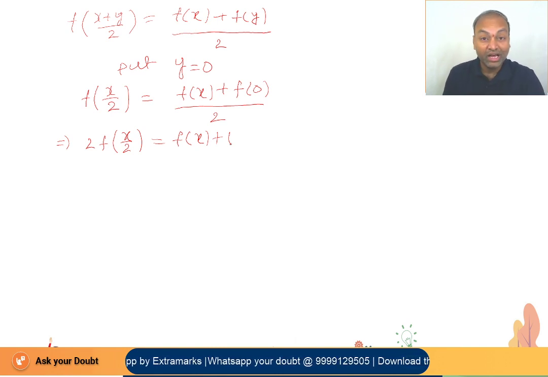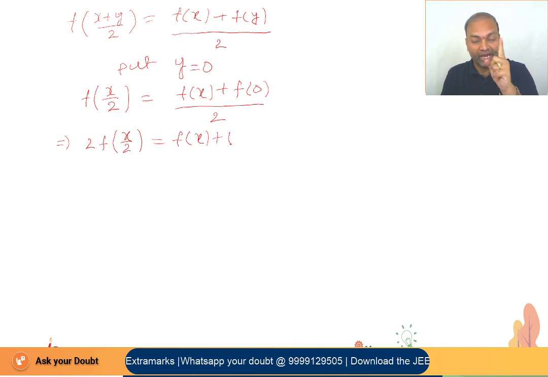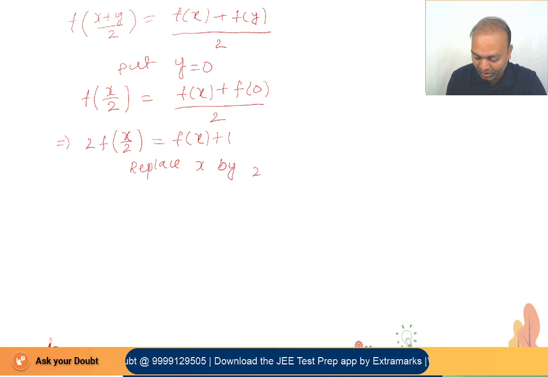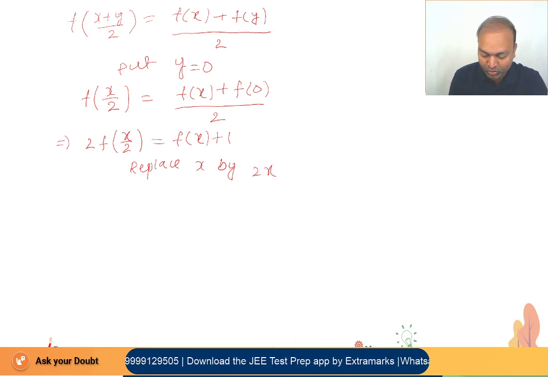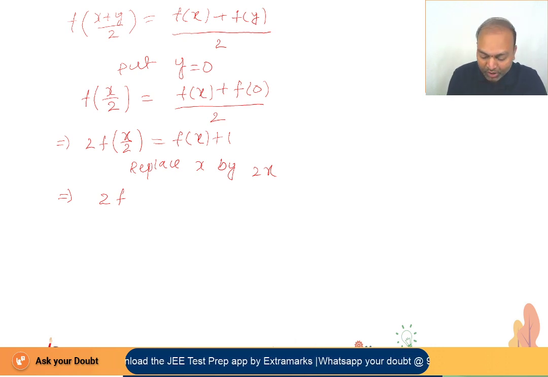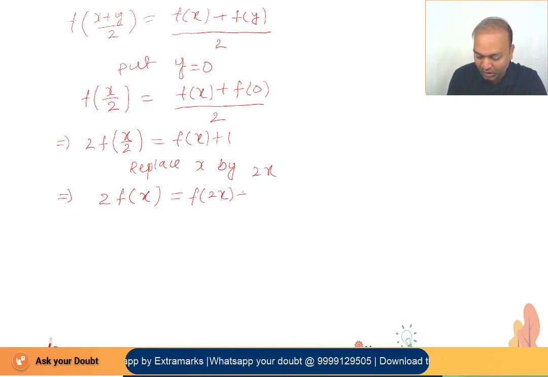Now here actually we want f of 2x. So replace x by 2x. Then what will happen? 2 times f of 2x by 2, and 2x by 2 answer will be x, is equal to f of 2x plus 1.